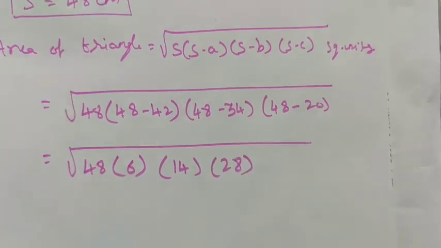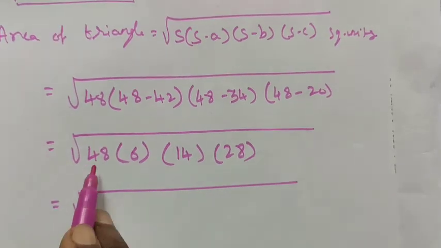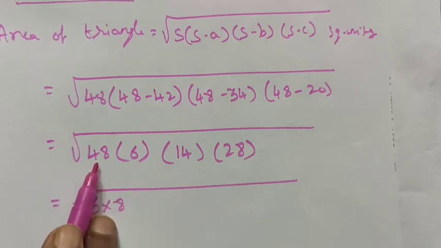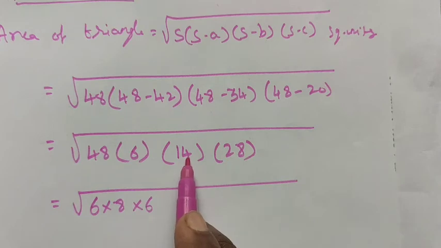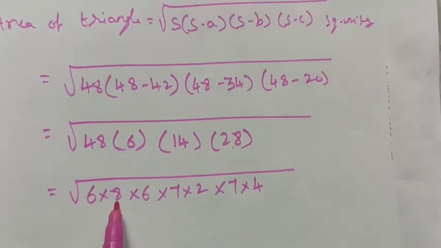Now expand the given term. This term is equal to root of 48 into 6 into 14 into 28. 48 can be expanded as 6 8s are 48. Here 6 is there, 14 is 7 2s, and 28 is 7 4s. Expand only this 8, 4 2s are 8.